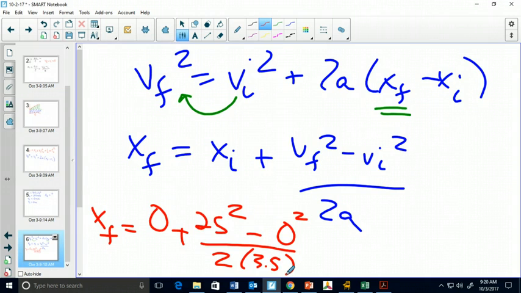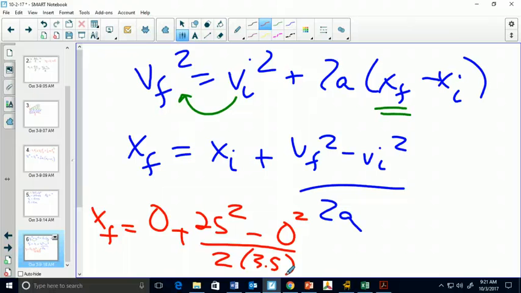Now, remember, signs make a difference. Was anything here moving in a negative direction, or was everything going in a positive direction? It's all positive. But I want to make sure you knew if there was a negative, you would put that negative in there. If it was traveling in the positive direction and then was slowing down, its acceleration would be negative.